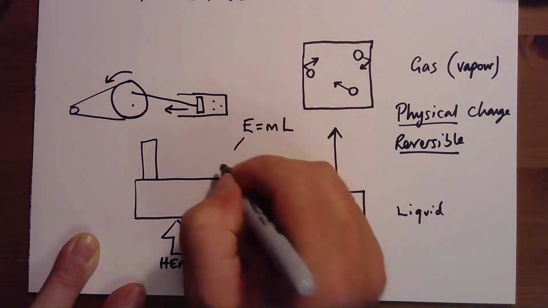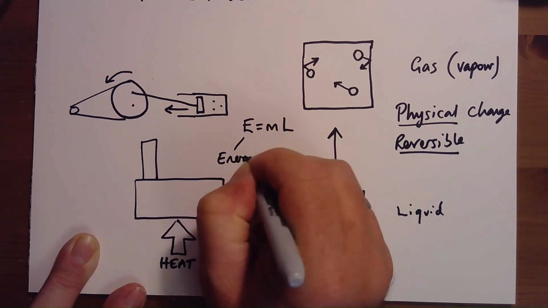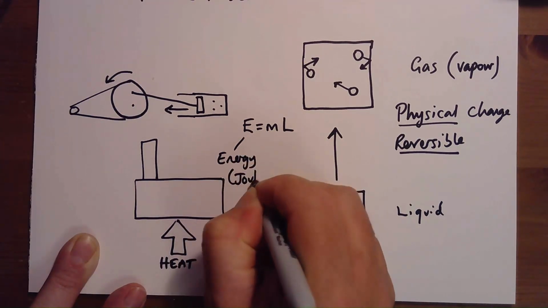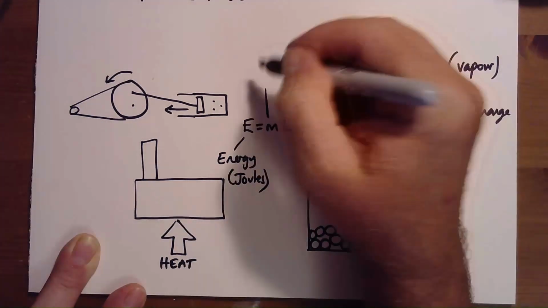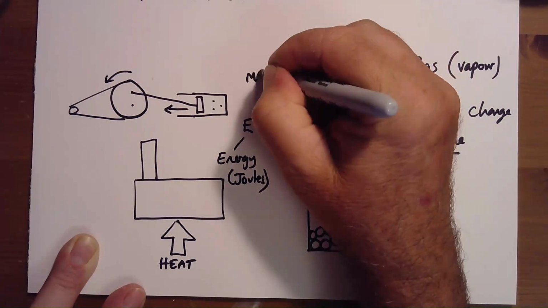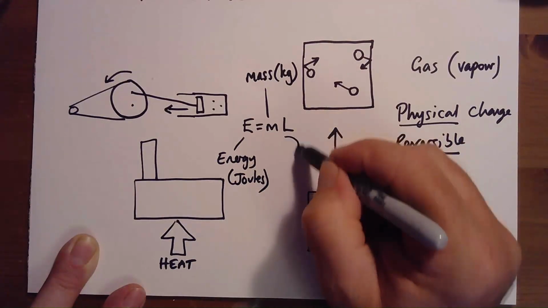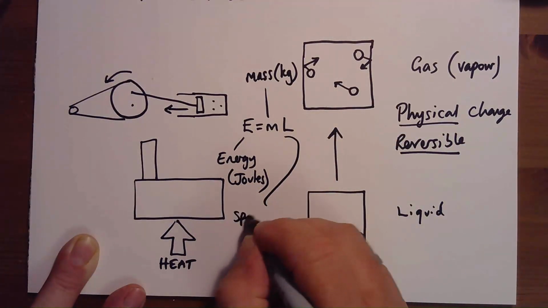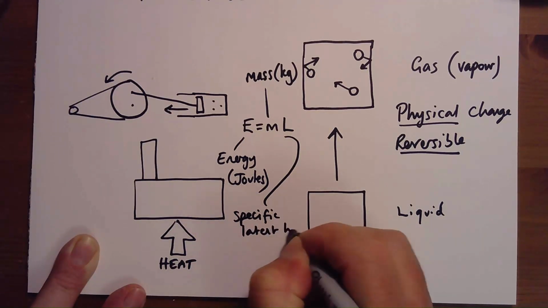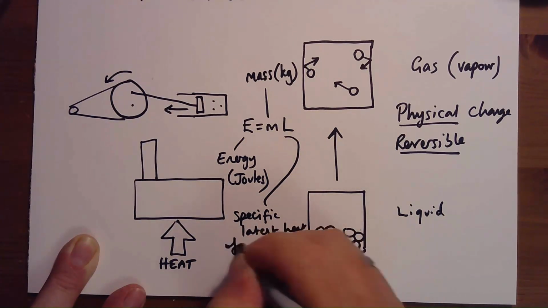So we've got energy, that would be in joules. We've got mass, the amount of substance, that would be in kilograms, and this capital L is the specific latent heat of vaporization.